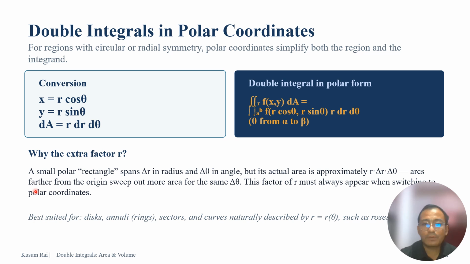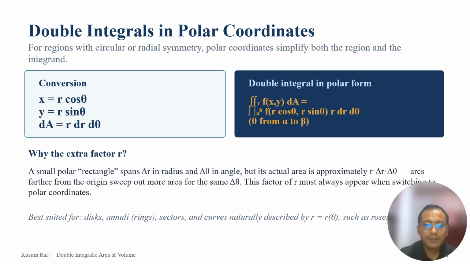A small polar rectangle spans delta r in radius and delta theta in angle, but its actual area is approximately r times delta r times delta theta. That's because points further from the origin sweep out more area for the same delta theta. And this factor of r must always appear when switching to polar coordinates.